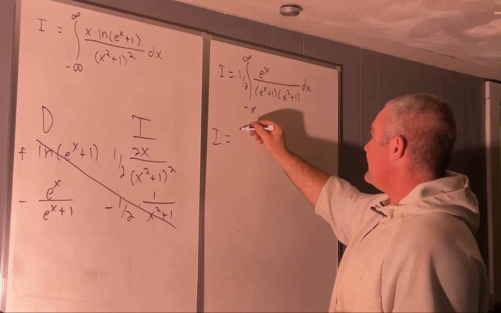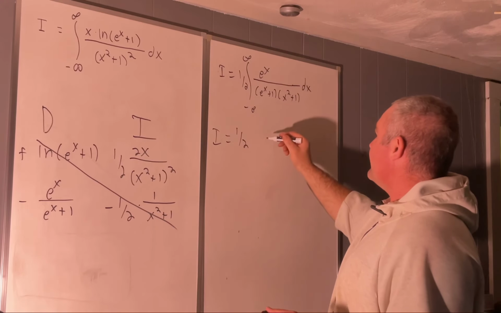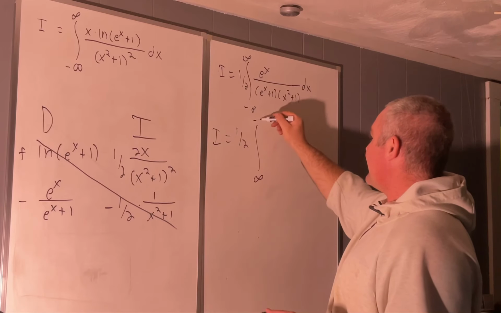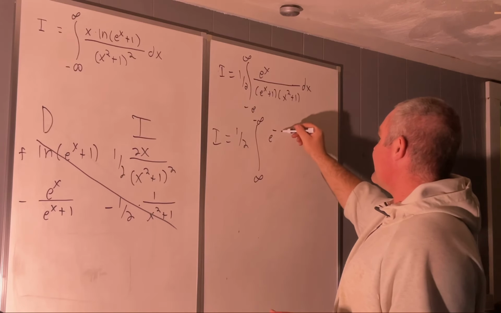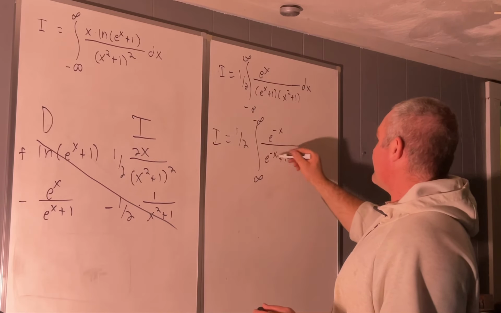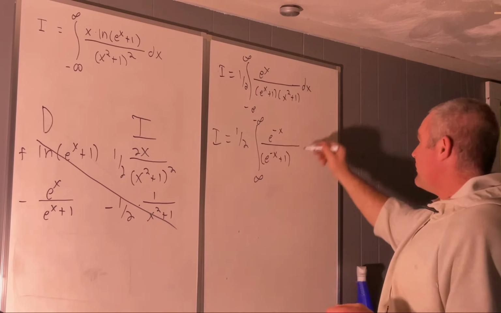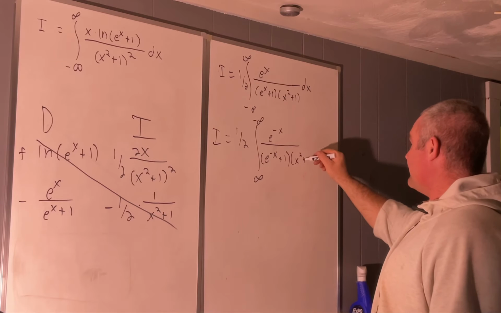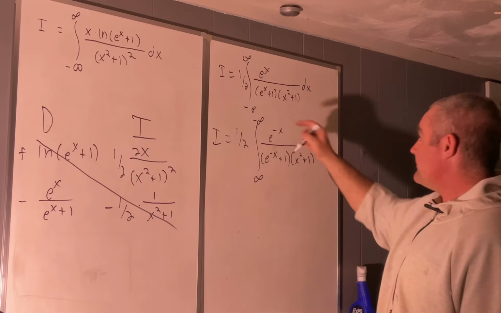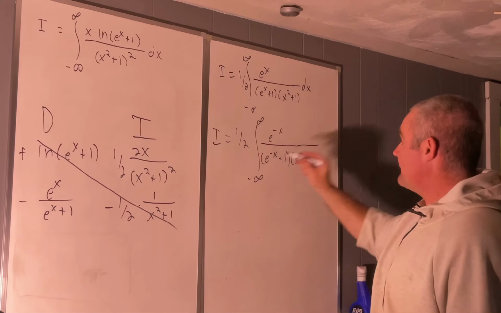So I would also be equal to 1/2 the integral from infinity to negative infinity of e to the negative x over e to the negative x plus 1 times negative x squared is still just going to be x squared plus 1, and then our dx would be negative dx, but we'll use the negative to switch the bounds.